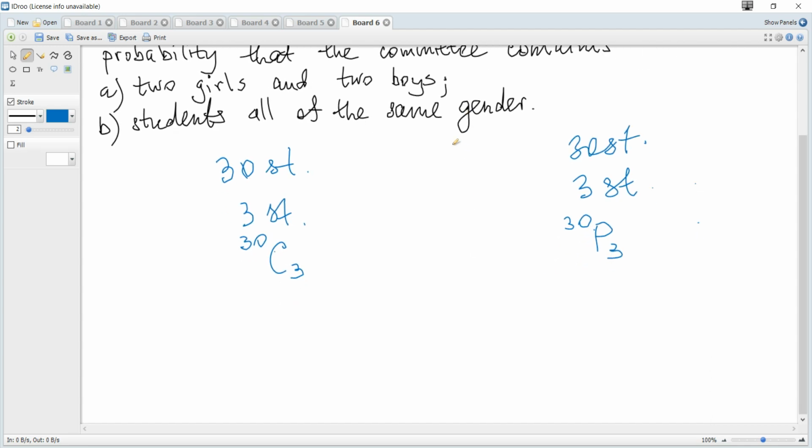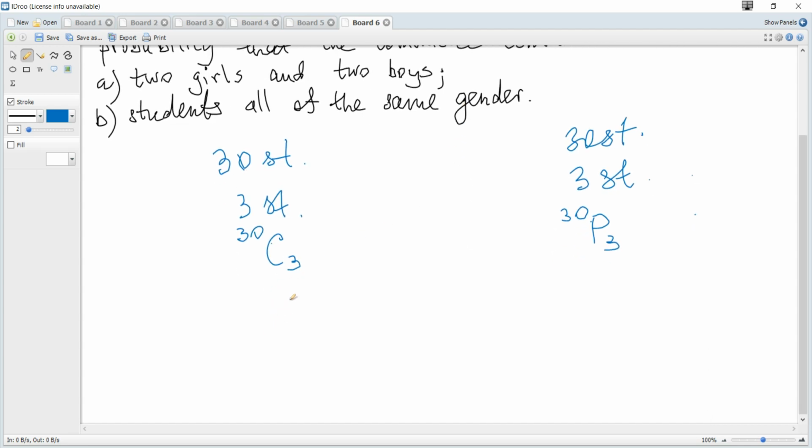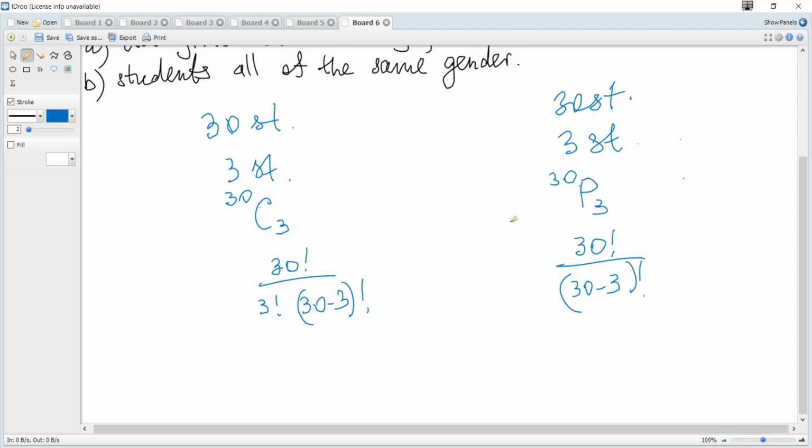And formulas are given in a data booklet. For combinations, it's the greater factorial in the numerator, and the denominator is the lower number factorial and greater minus lower, 30 minus 3 factorial. And permutations, greater factorial divided by greater minus lower factorial.